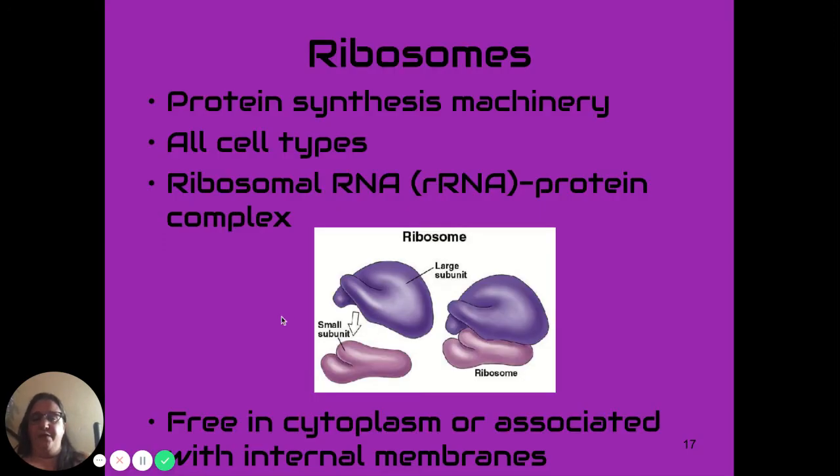Those ribosomes, that ribosomal RNA, is where the protein synthesis is going to take place. All cell types, even the prokaryotes, have these ribosomes. A ribosome is a complex of some RNA, we call it rRNA, and some proteins, so there are different subunits to that.